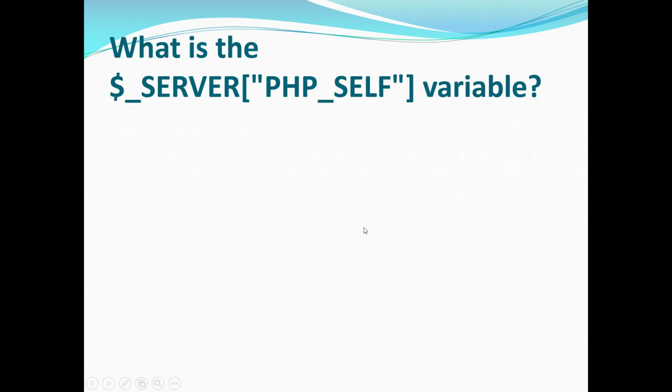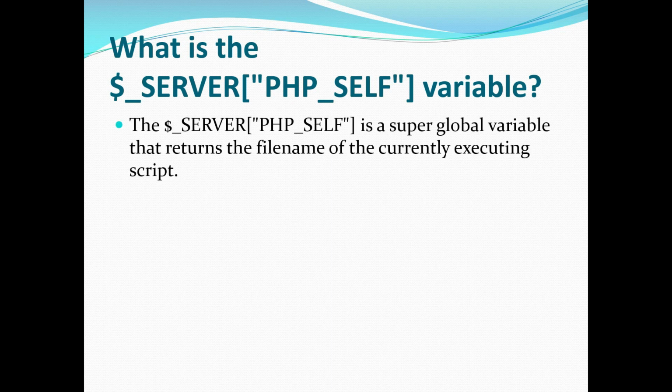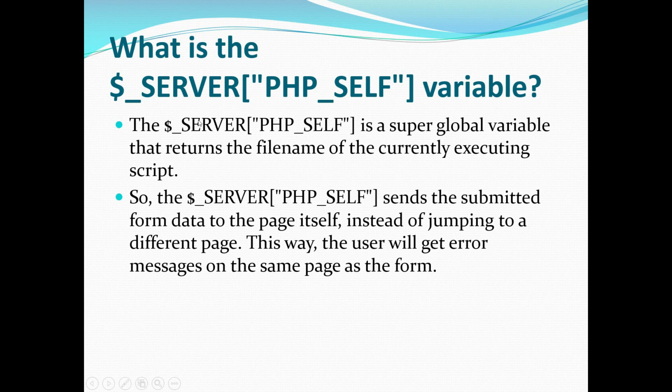So what is the server PHP self variable? This is a PHP global variable. PHP self is a super global variable that returns the file name of the currently executing script. So if we echo the $_SERVER PHP_SELF, then it shows us the current file name that is executing. The $_SERVER PHP_SELF sends the submitted form data to the page itself instead of jumping to a different page.